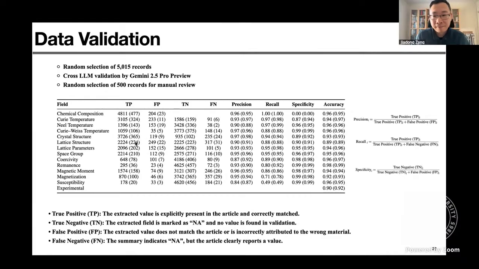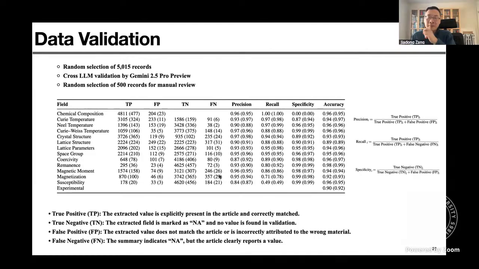So this column shows that the data is successfully extracted and cross validated, and this column is also good. It just shows that this data is not contained in that particular paper, and this is true, validated by other models or by the students. These two columns are not very good, but overall you see that the accuracy is pretty good.